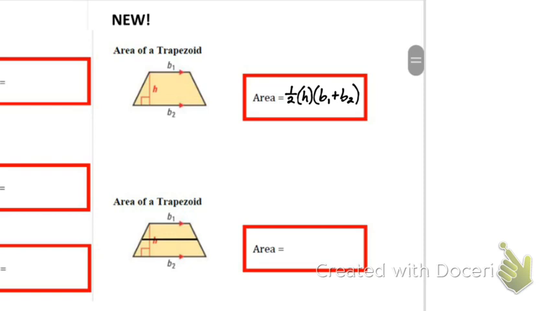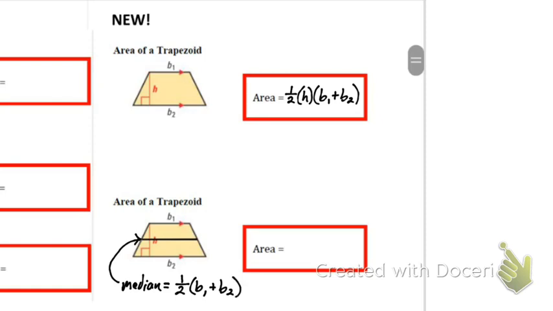So another way to find the area of a trapezoid is to know the median. Now the median is this guy here. This is my median. And a median of a trapezoid is equal to 1/2 base 1 plus base 2.